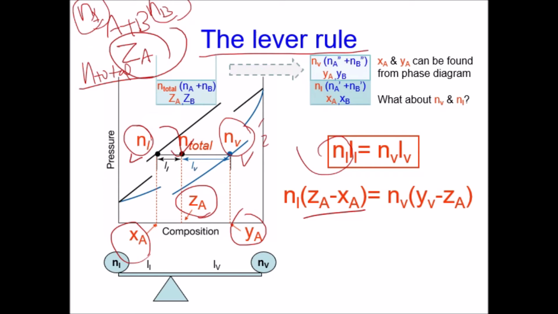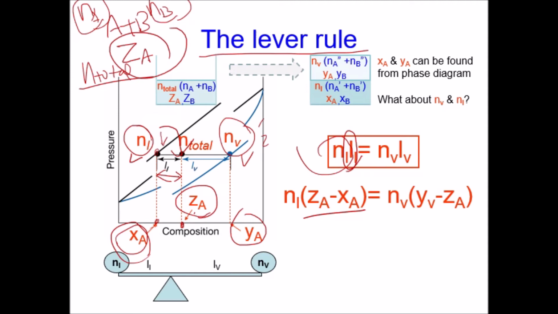But then it separates into two compositions. XA is the mole fraction in the liquid phase. So ZA minus XA is the length here, which is called LL, the liquid length, because it goes to the liquid composition line.